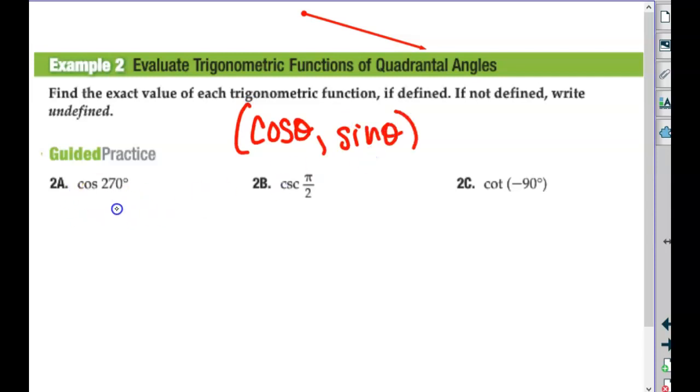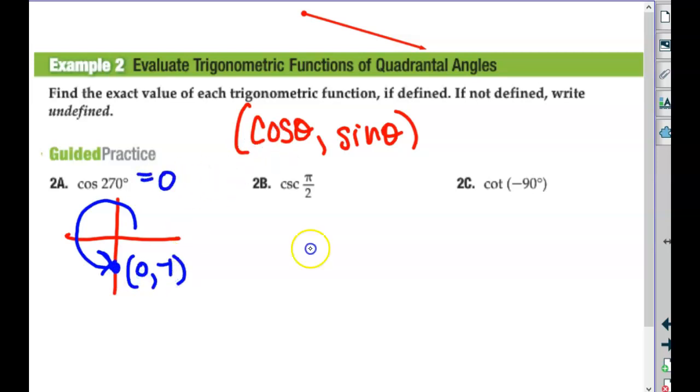So cosine of 270, where's 270, guys? You don't have this one. Cosine, 270 is down here, right? What's that ordered pair? 0, cross 0, down 1. Cosine is x, so the answer is just 0.